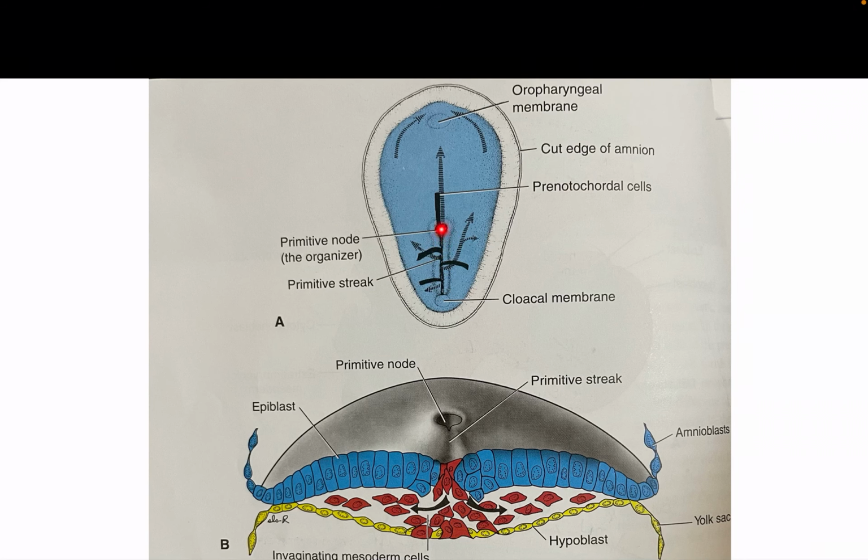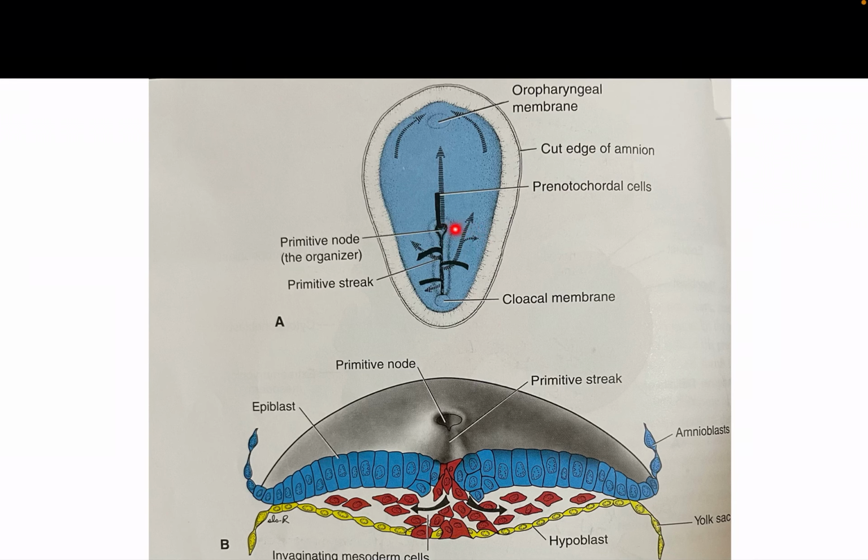So what we said is that from the primitive node, the prechordal plate cells are derived, the prenotochordal cells are derived in the midline, and on each side the cardiogenic cells are derived. The first component of the intraembryonic mesoderm is paraxial mesoderm, which has 2 parts, medial and lateral. Medial is derived from the primitive node.